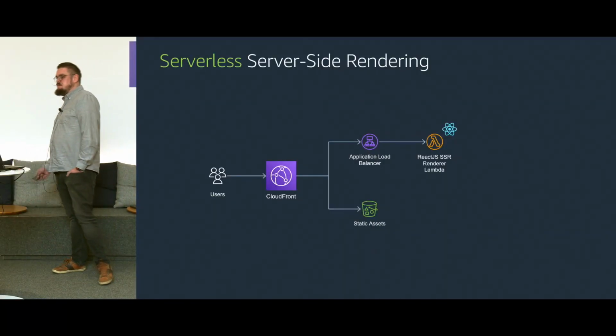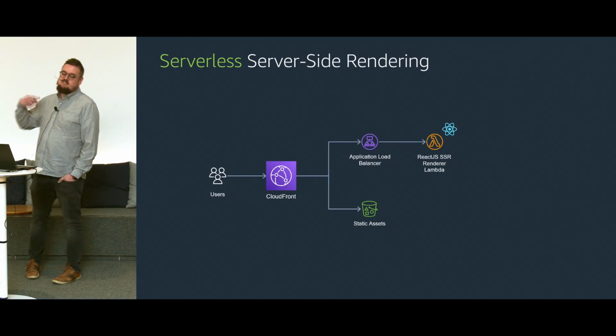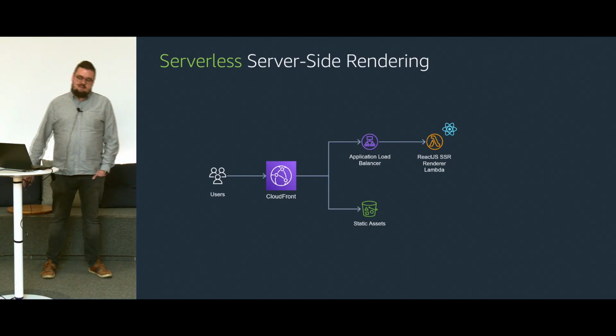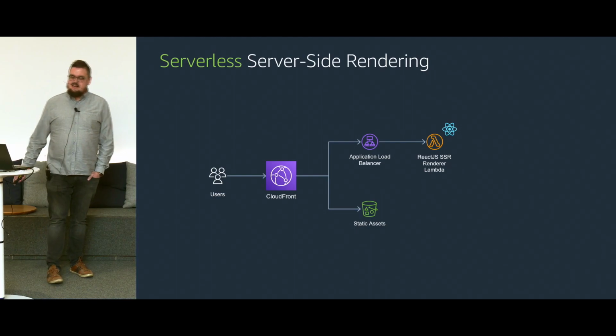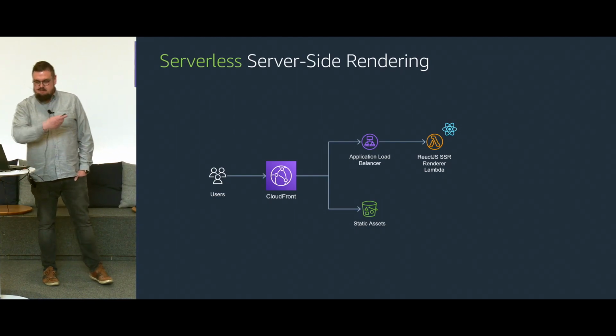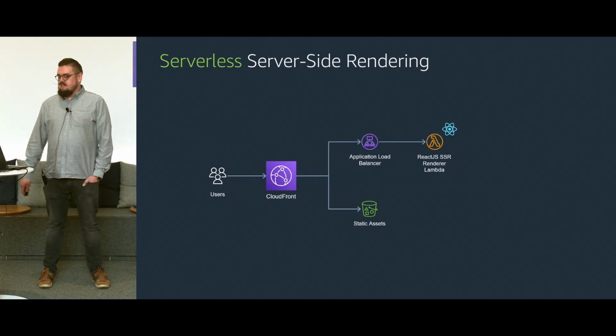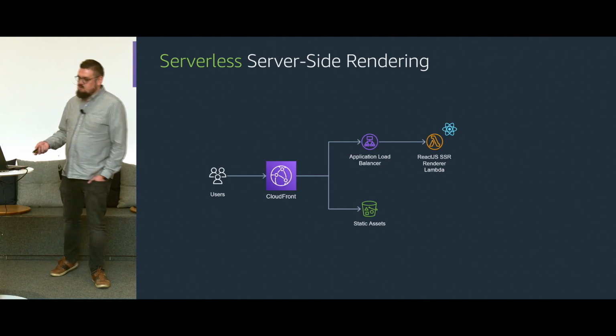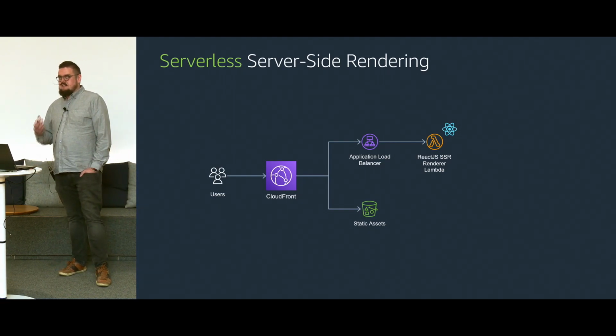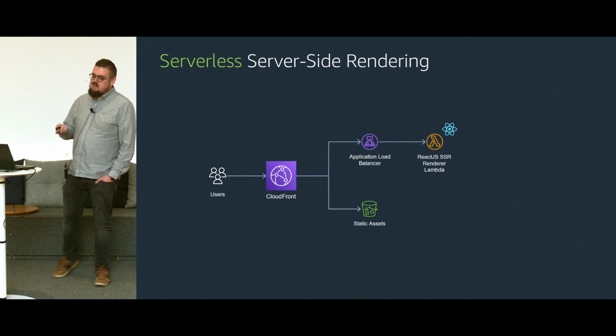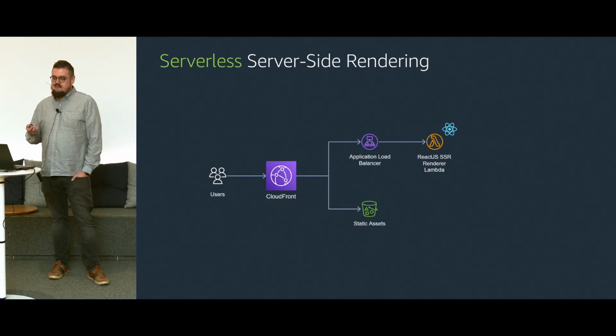We're using Lambda to render the server-side aspect of the web page, and that gets delivered to the client, which will hydrate, and then the client-side application will pick it up. This is really nice because you don't have to operate any long-running instances or containers, and you don't need to stress about the scaling that much. Of course, Lambda has its own interesting aspects, but this has worked pretty well.